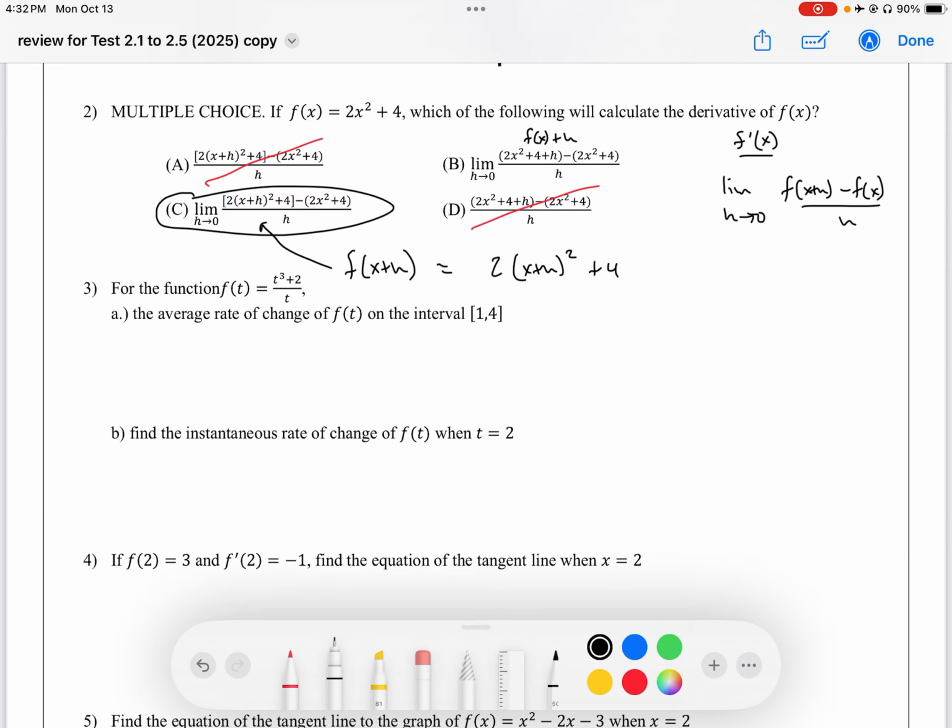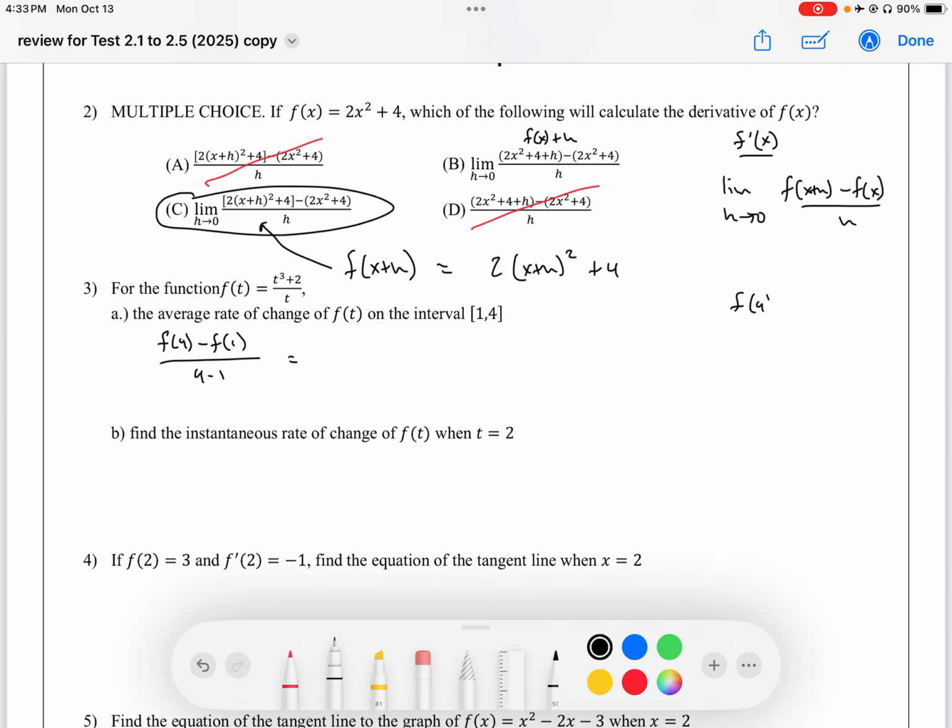3. Here's a function. Find the average rate of change of this function on this interval. That's just the change in y over the change in x. So that's going to be f of 4 minus f of 1, divided by 4 minus 1. All right, let's find f of 4.